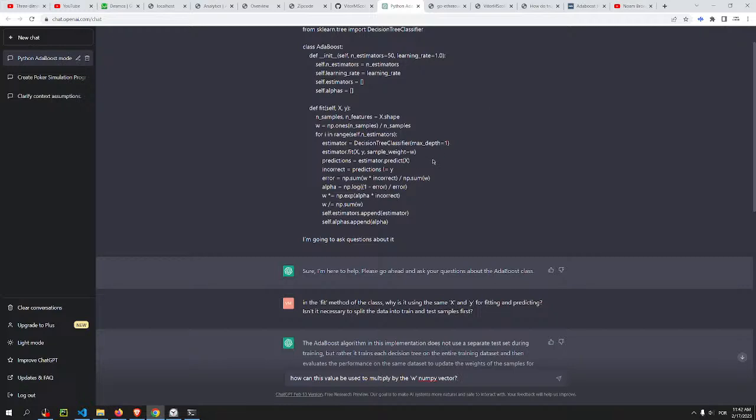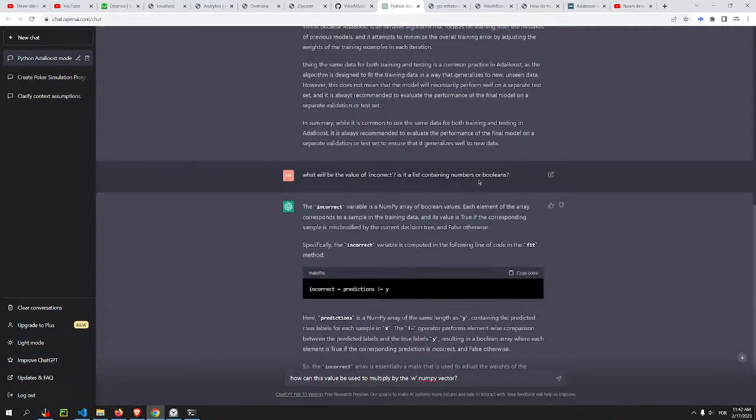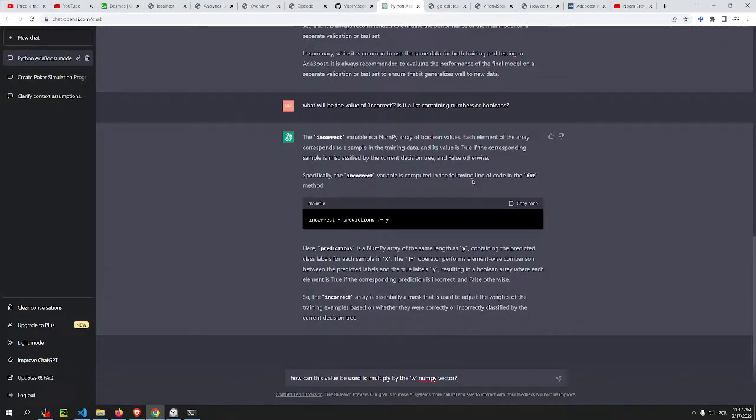So I want to understand how you can multiply the weight based on the Boolean values in this formula here to get the error. Maybe the Boolean can be expressed as zeros or ones, but if you're using this operator, I think it would return false or true.